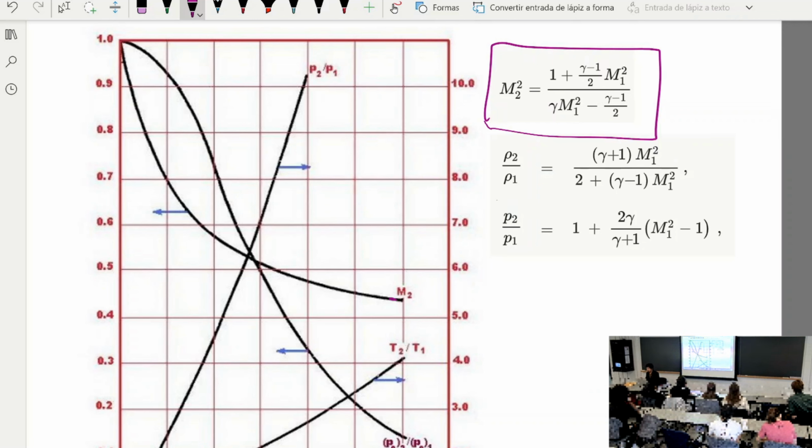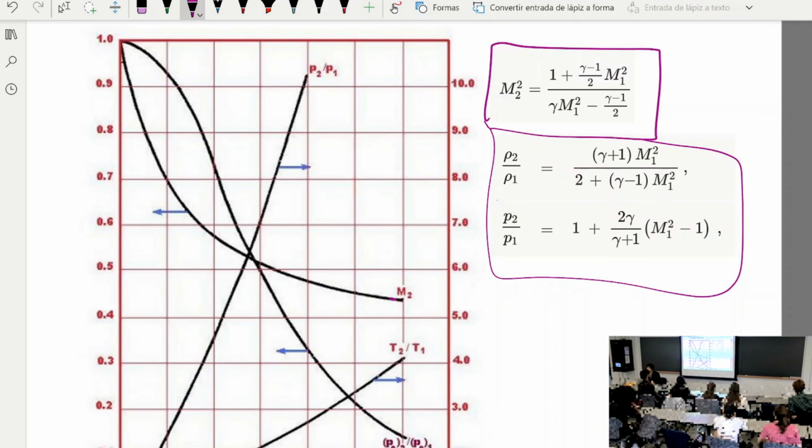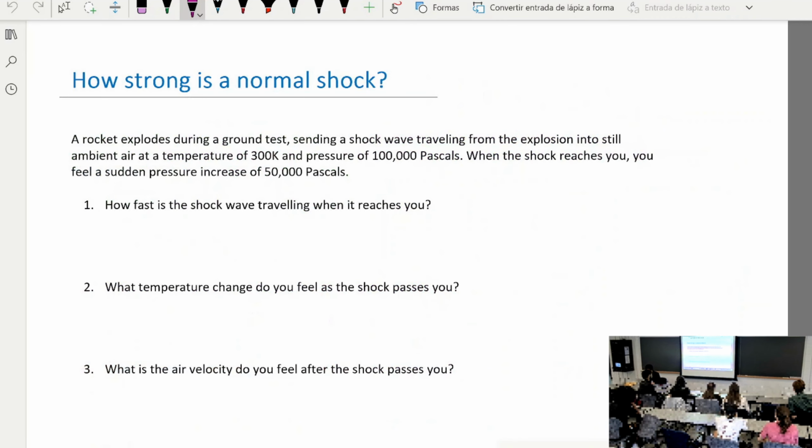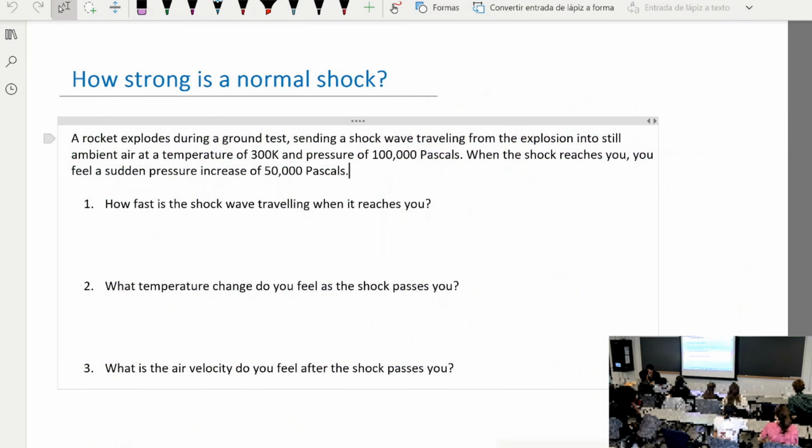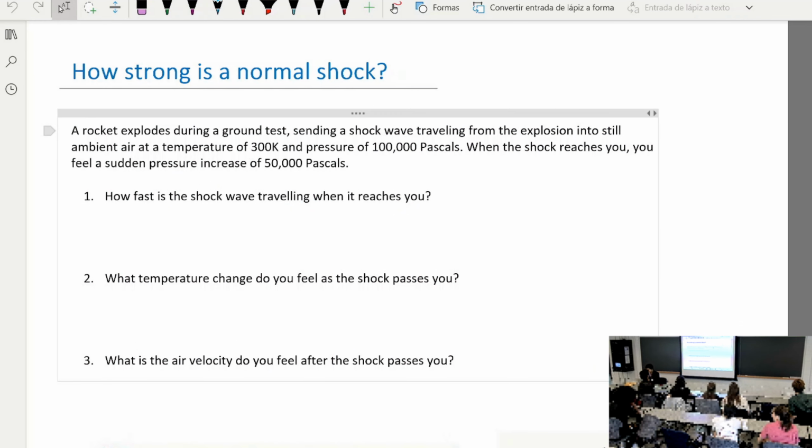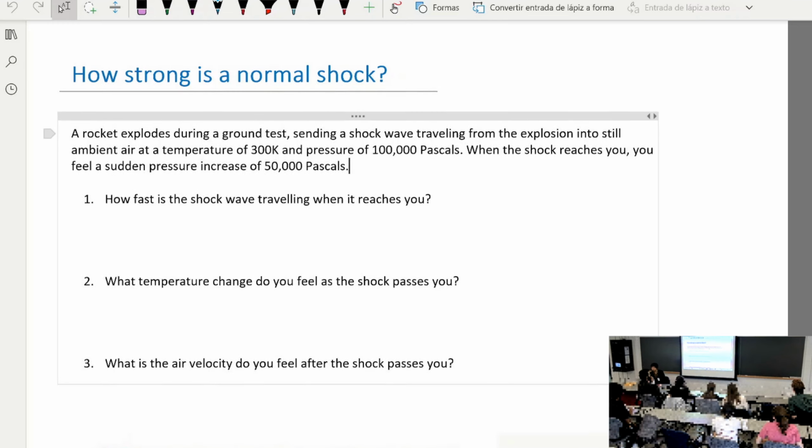Okay, so here you can basically use these equations to solve pretty much all the problems relating to shock waves. Let me just give you one example. I don't think I have time to work through this example, but I would give you the basic idea of how to solve problems like that.